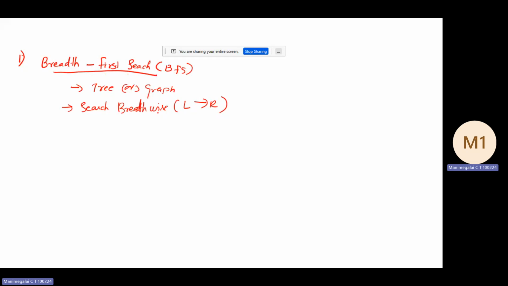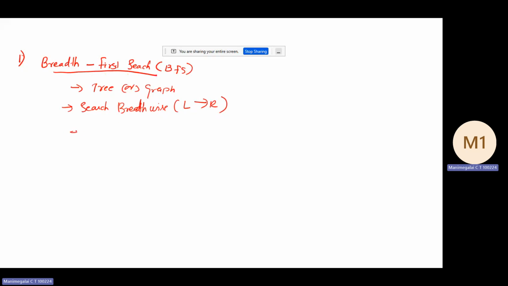This search starts from the starting node of a tree or a graph and expands to the successive nodes at the current level before moving to the nodes at the next level.